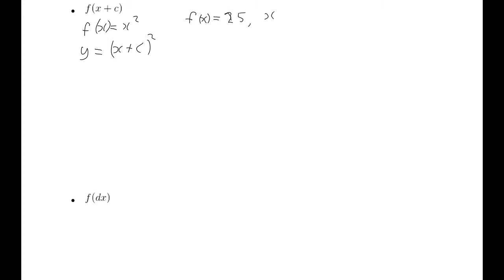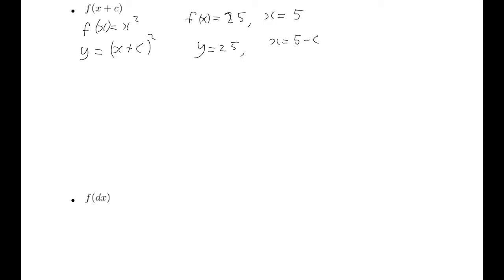Well, x would need to equal 5 for that. But for y to equal 25, x doesn't need to equal 5 now because we've already got c. So x needs to equal 5 minus c.